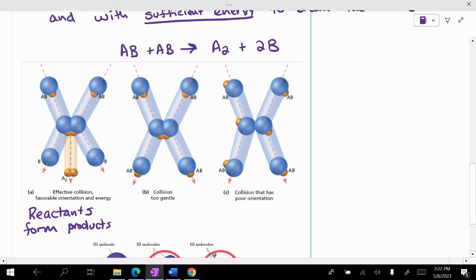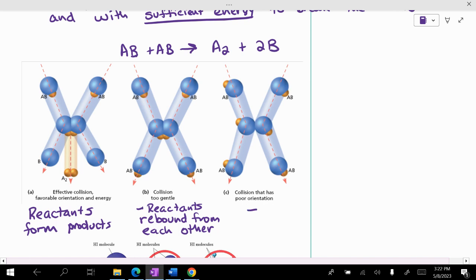So you're just going to have them rebound without forming products. And then at the end, collision has poor orientation.